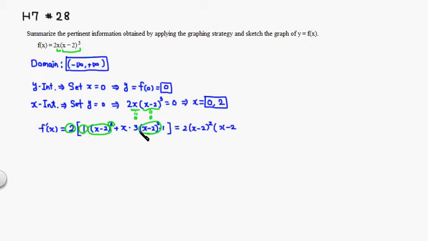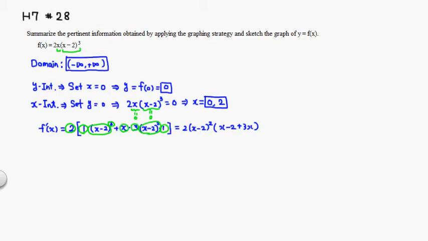Then you have plus 3x, which takes care of the rest of it.